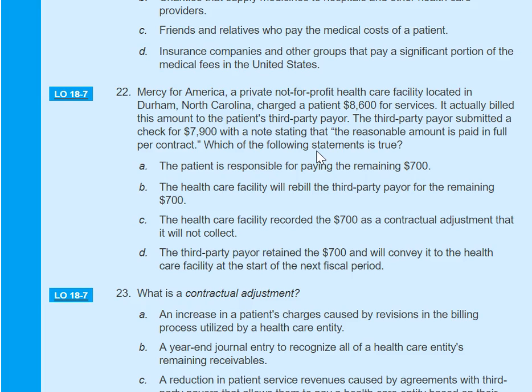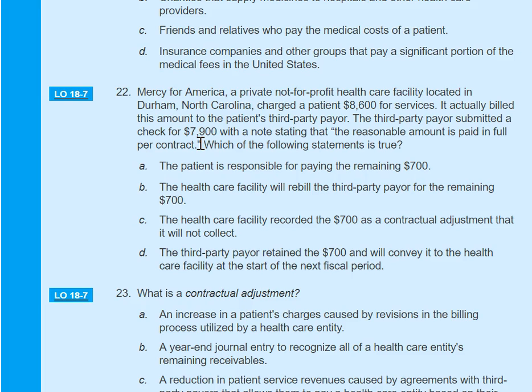So their patient service charge was $8,600, but the third party is going to pay a lower amount, $7,900, which is $700 less. They need to reduce it, and they show it as a contractual adjustment. They have to debit it.